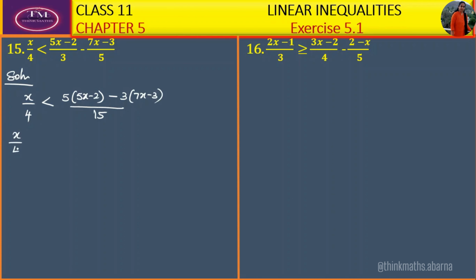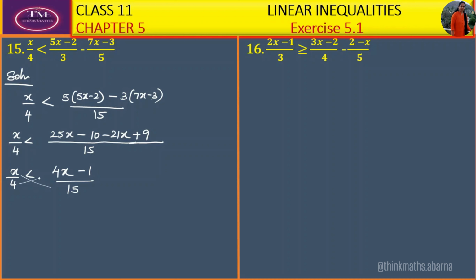So x by 4 less than, in the denominator we have 15, multiplying here 5 5's 25x minus 5 into 2 is 10, minus 3 into 7x is minus 21x, minus 3 into minus 3 is plus 9. So x by 4 less than 25x minus 21x is 4x, minus 10 plus 9 is minus 1, divided by 15.